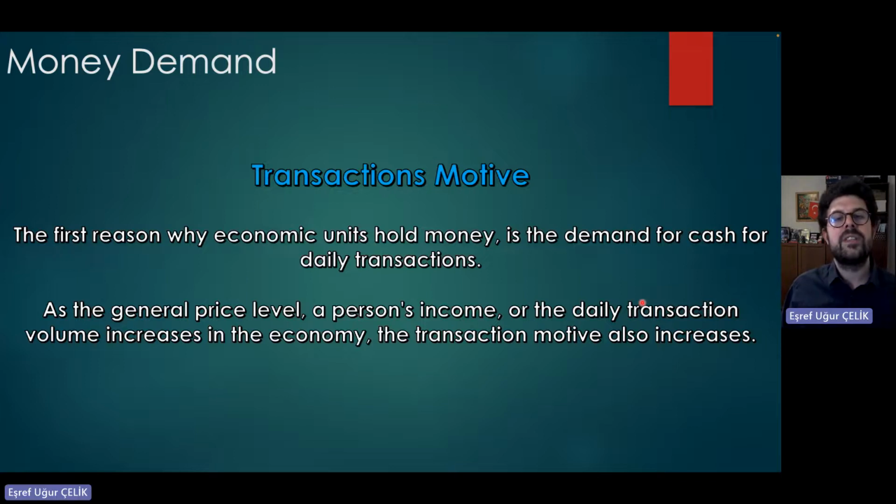Or if the general price becomes down or your income or real GDP becomes down, your transaction motive becomes lower. You demand less money than the previous condition.